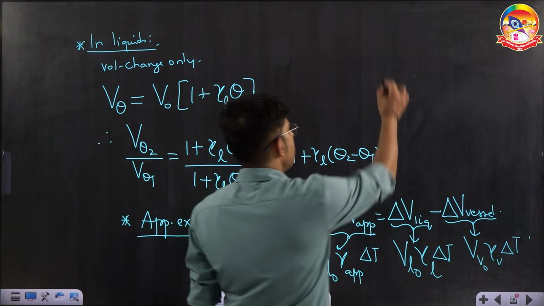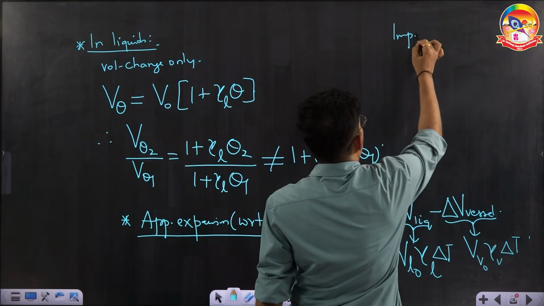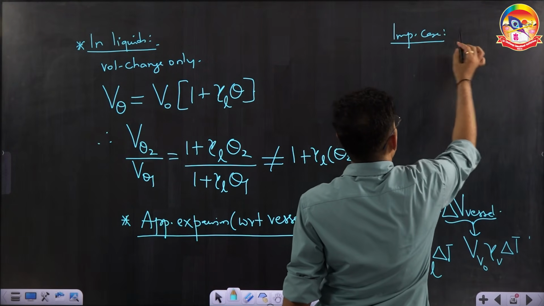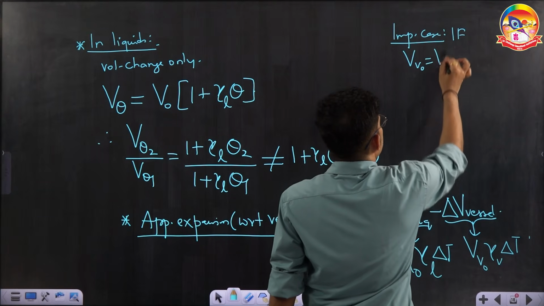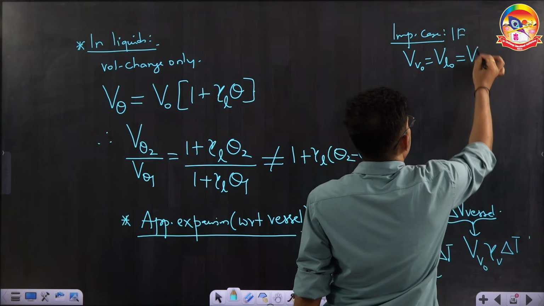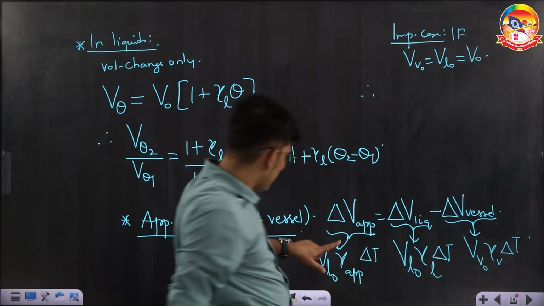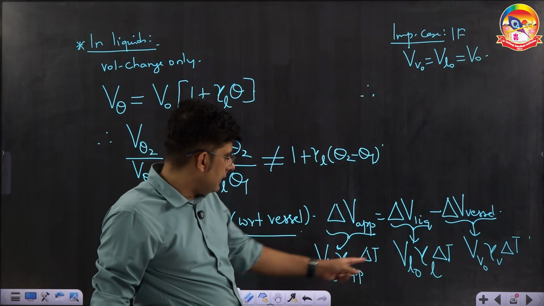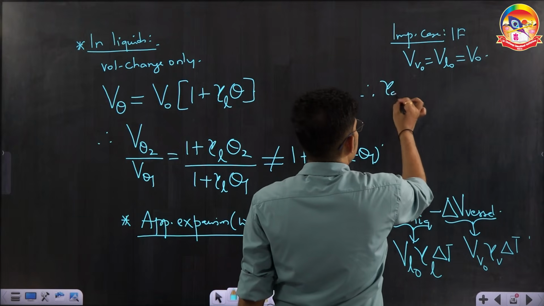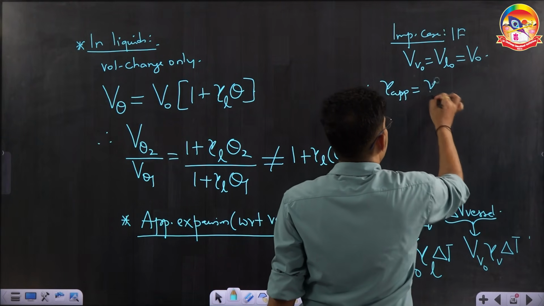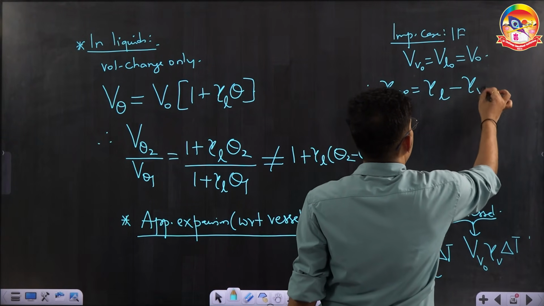Now here we have an important case. Suppose initially the liquid was completely filling the vessel, volume V0, then on both sides V0 will cancel, and you can see delta T also cancels. So for gamma apparent, we use a direct formula: gamma real of the liquid minus gamma vessel.